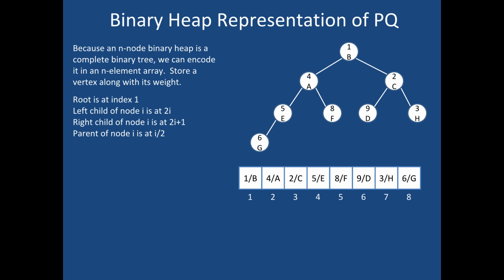So you double the index to get the index of the left child. That works for B: you double the index of B, which is 1, you get 2, which is the index of its left child. For C, it's at index 3, you double that, you get index 6, and that's where the 9D is stored. Where's the right child? 2 plus 1. You just add 1 to the left child index, so you double it and add 1.